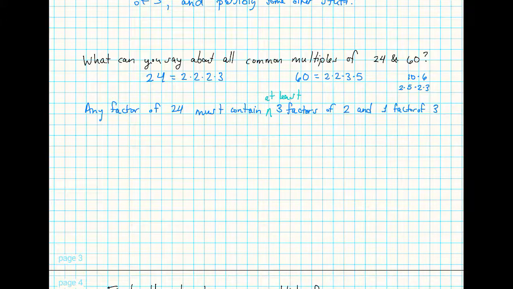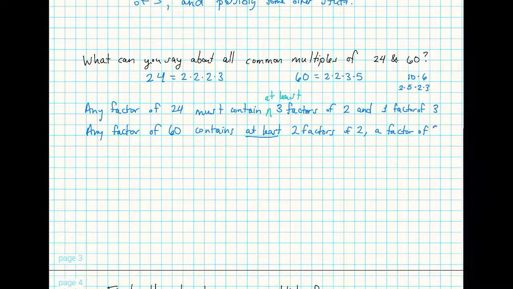Okay? And any multiple of 60 contains at least all of those factors of 60. So 2 factors of 2, a factor of 3, and a factor of 5.